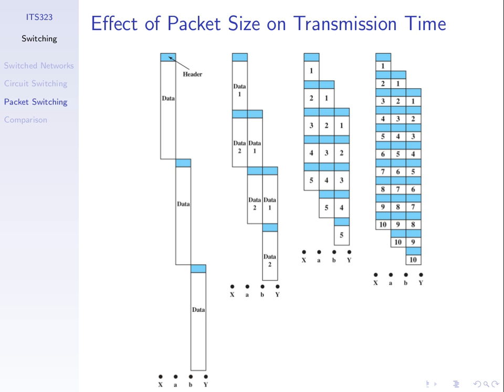You may see past exam or quiz questions which calculate the total time. Given a number of links, maybe instead of 3 links, 4 links, if you know the transmission and propagation time, you can calculate, given the packet size, how long it takes to deliver. See some pattern here?